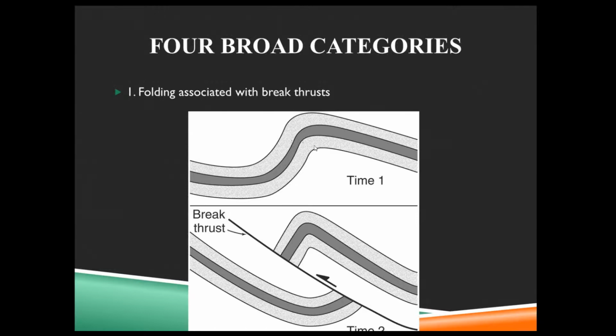The rock hits its limit of plastic deformation and breaks, and you get this thrusting reverse fault forming. This one looks to be actually a reverse fault, not a thrust fault. The angle's a little bit too high, but the break could have happened at any angle.